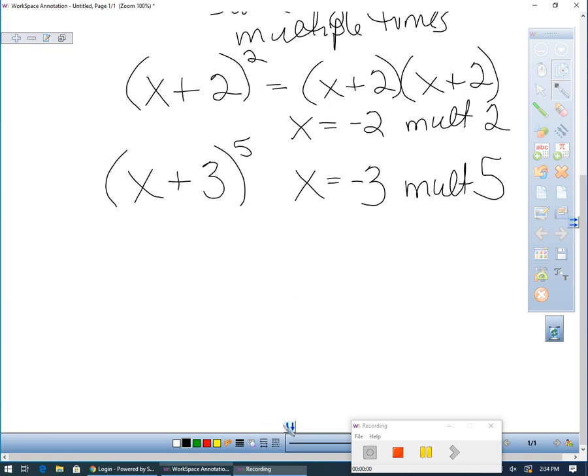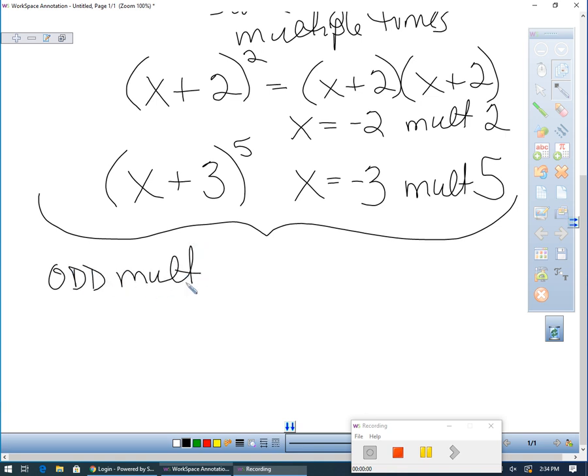Alright, so using that idea, the reason this is important goes back to what we talked about yesterday a little bit. If you have an odd multiplicity, like we did yesterday, we had all ones yesterday, right? The graph crosses through the x-axis.